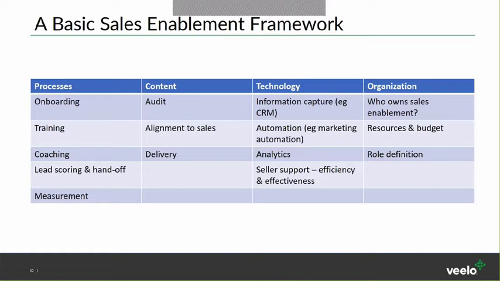On the content side, I think if you have established content, probably the first thing to do is sit down and do an audit. Do you know what's being used, who's using it, how good it is, what isn't being used?